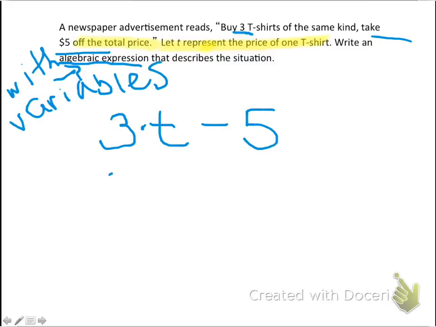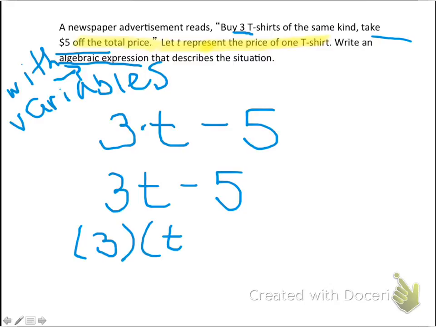Another way you could write it would be just 3t minus 5, or with them in parentheses. You can write it any of those ways. I don't want to see a times symbol though, because remember, for this unit, the x means the variable x. Okay, we're going to do one more.